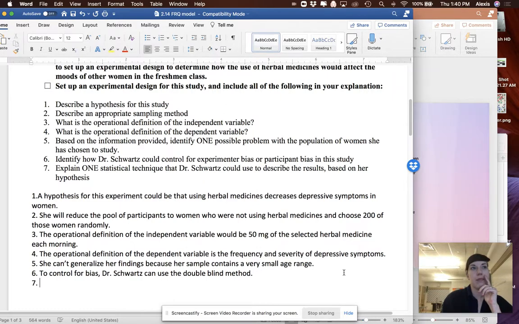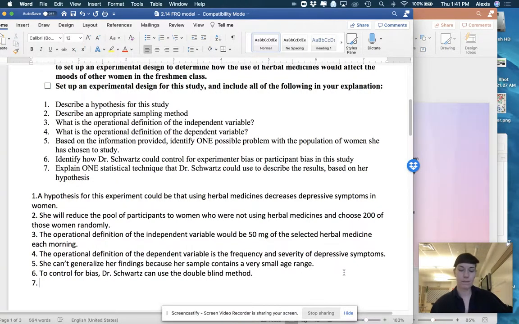Which one do I think would be best? She could do a scatter plot because if using the herbal medicines, like the usage would stay steady, but the depressive symptoms would go down, but I don't think that's the best. I think she should look at the mean for how often they experience depressive symptoms before and after they were using the medicine. So I'm going to say that one.